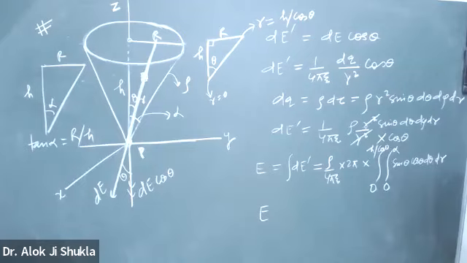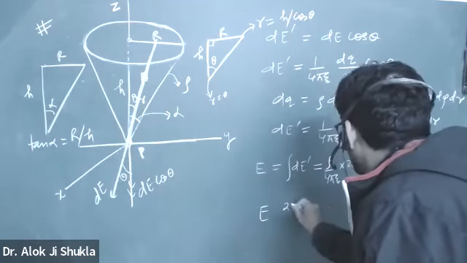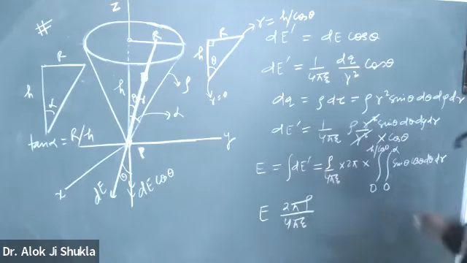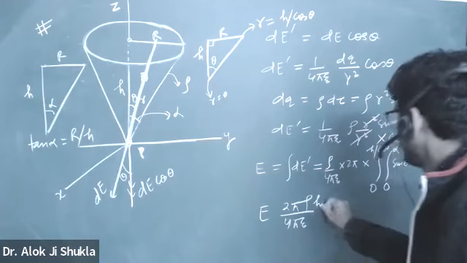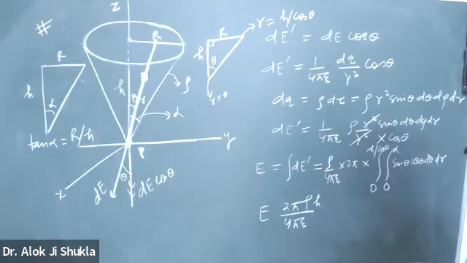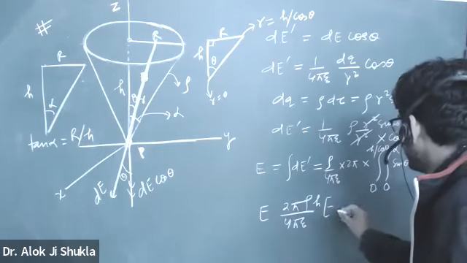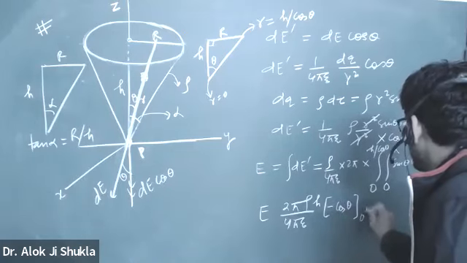H upon cos theta. तो sin थीटा आ जाएगा. तो 2 पाई कितना हो जाएगा? 2 pi rho by 4 pi epsilon naught. Here you will get h by cos theta. H upon cos theta, no? H will be there, no? And sin theta का minus cos theta, and limit is 0 to alpha.